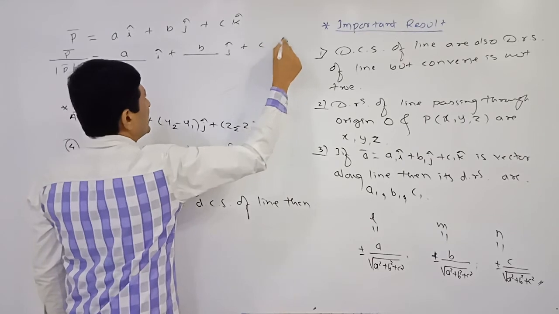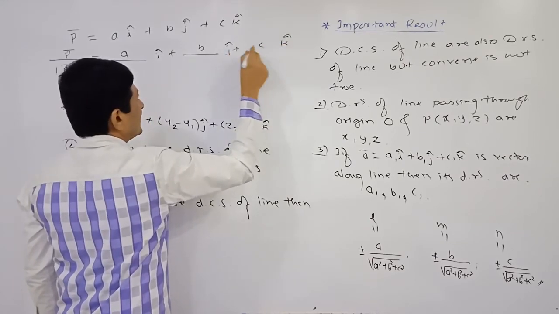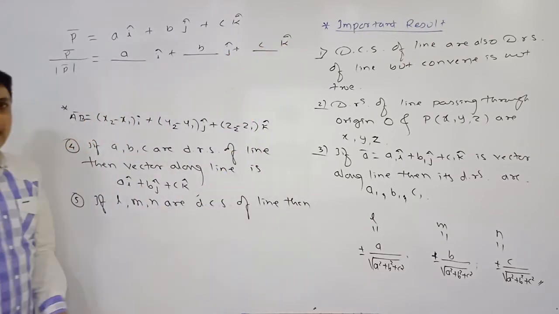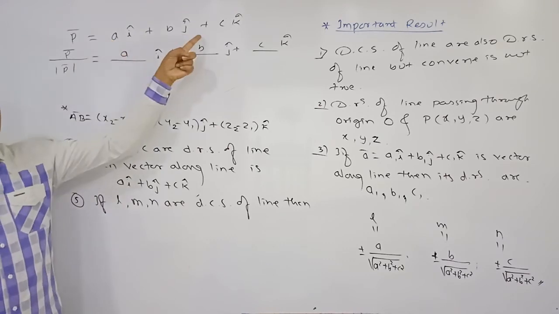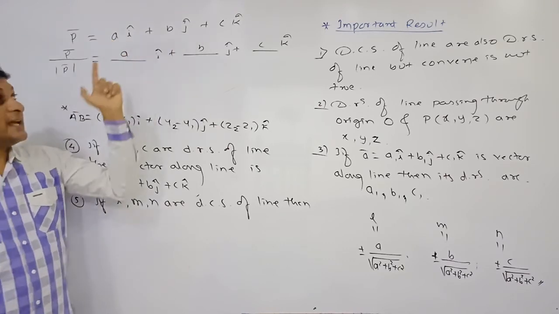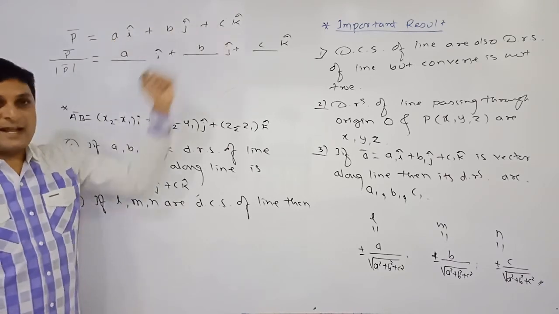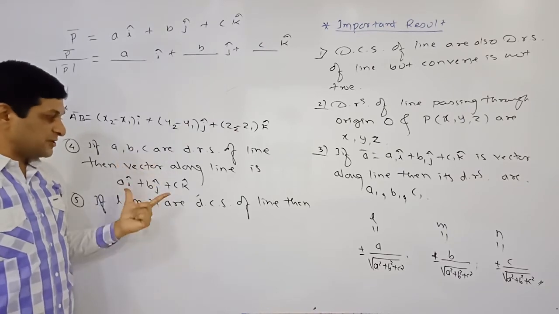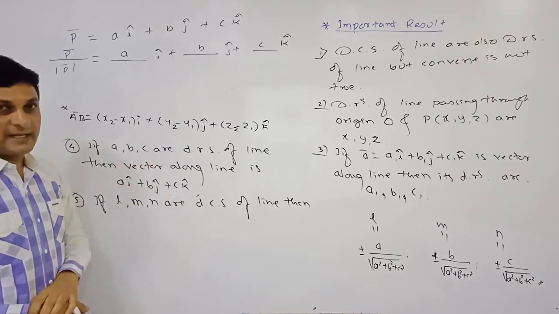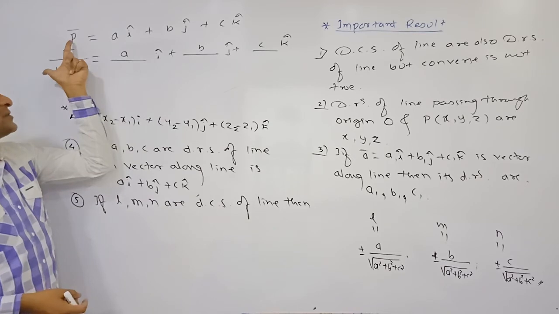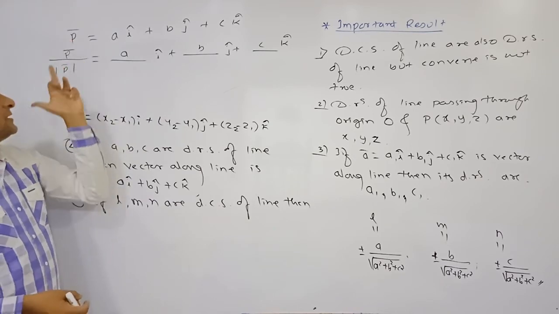Let us see what we'll get here. This is the vector along the line. If the vector along the line is given to us, then A, B, C are the direction ratios. Or if A, B, C are the direction ratios, then this is the vector along the line. We have denoted this vector by p bar.